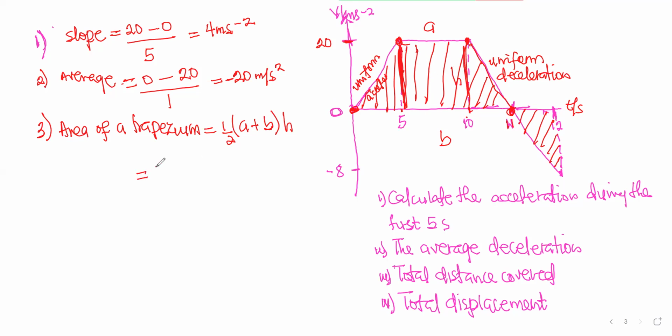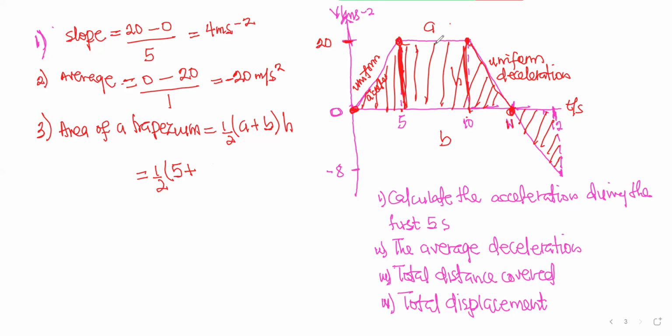Now class, what is A? Looking at the graph, what's the value of A? 5. Good. So 5 plus, what is B? Frida, go ahead. 10. Sir, can you take it over again?